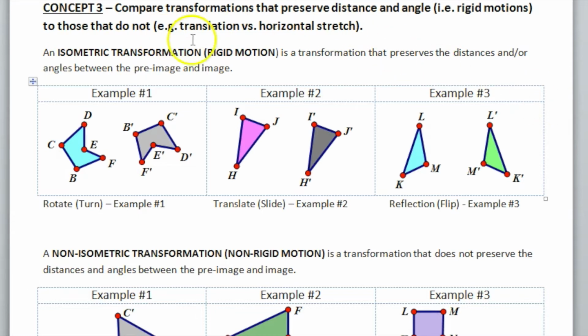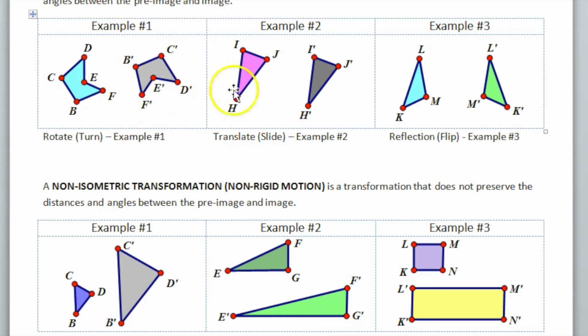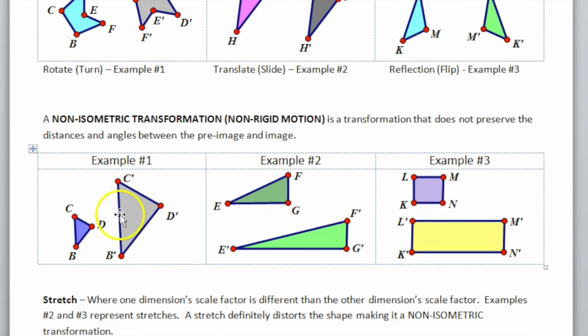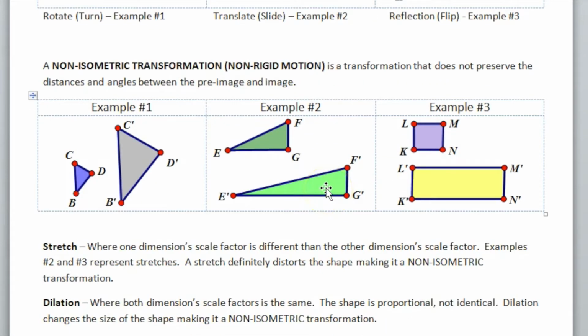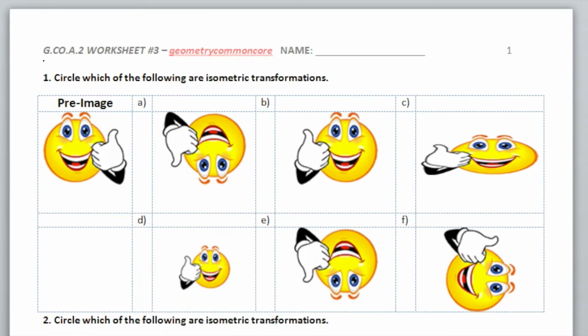In GCO2, the notes clearly lay out that rotations and translations are isometric, and then we look at a dilation or a stretch as ways that are not isometric. So that concept is developed earlier.